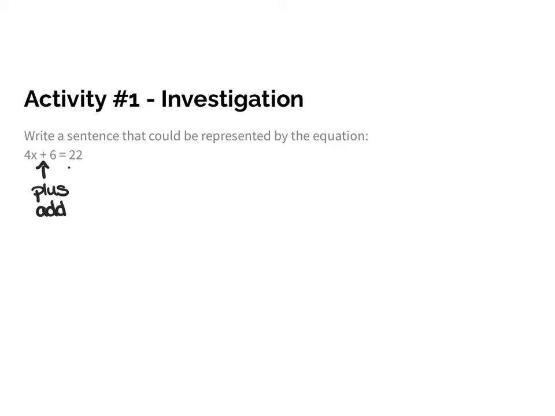Equals could be is or just equals. And then we also talked about how x represents something, it's a variable. So it is some number or some value. It's up to you how you want to do it.